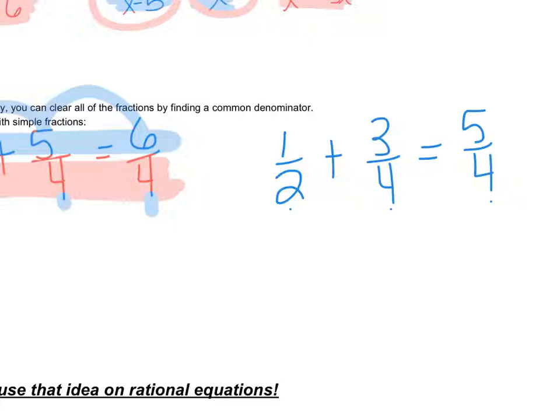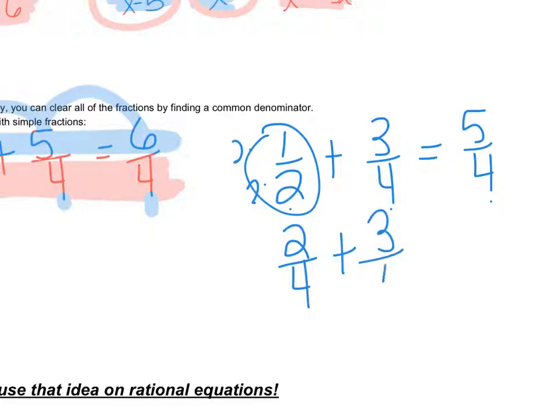To do that, I would need to rewrite 1/2 so that it has a denominator of 4. Well, that just means I'm going to multiply the top and the bottom by 2. So then I would have 2/4 plus 3/4 equals 5/4.